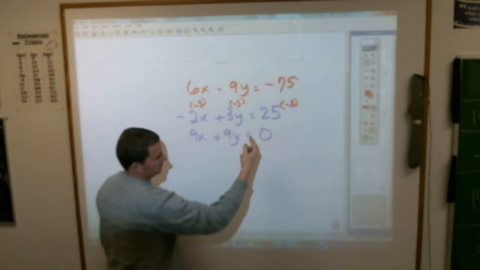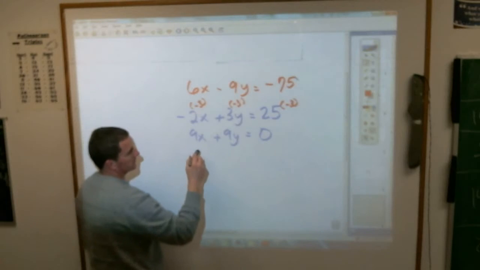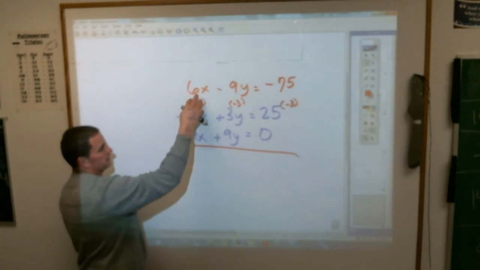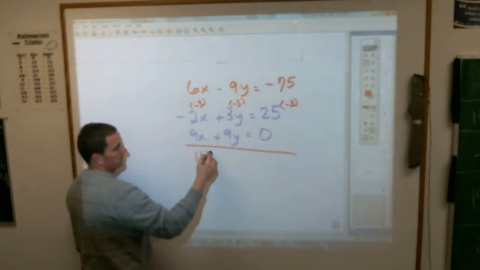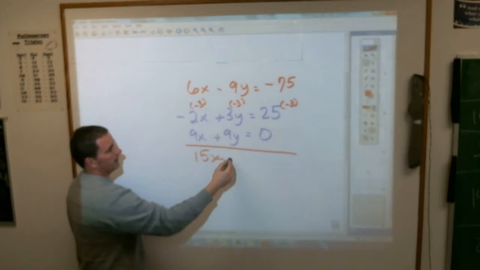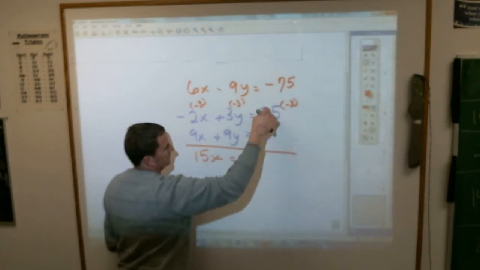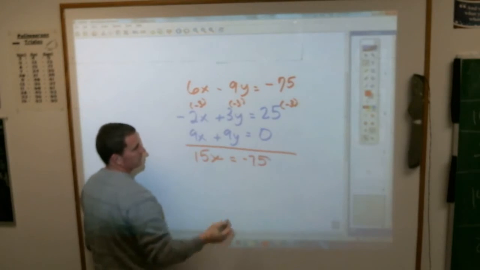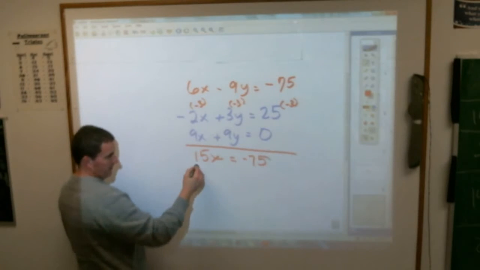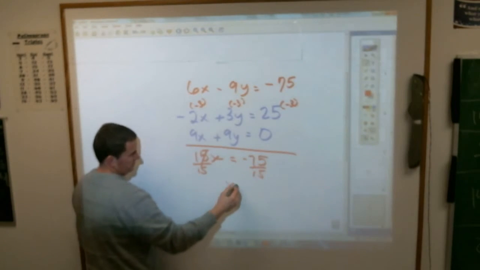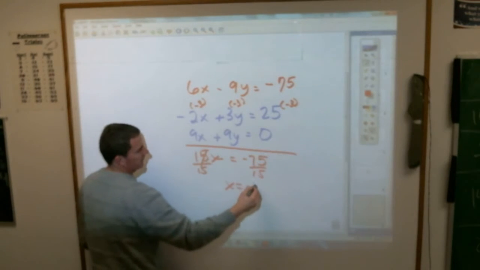Dividing 0 by 3 is still 0. Multiply or divide, I think you'll get the same answer. So 6x and 9x is 15x. The 9y and the negative 9y go away, and then you have negative 75 equals 0, which gives you a negative 75, and you put that with 0. Divide by 15. X is going to equal negative 5.